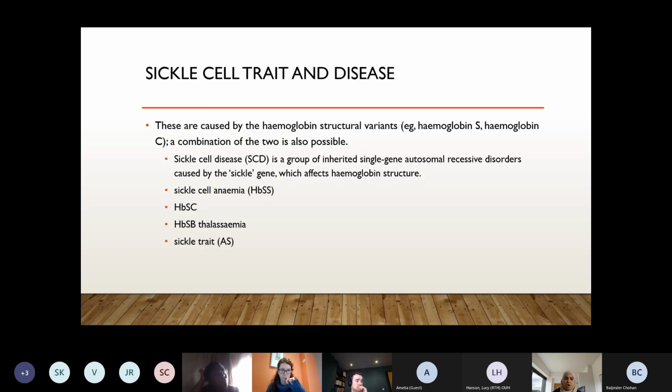The next common hemoglobinopathy is sickle cell trait or disease. Disease is rare, and we rarely see pregnant women with it. Has anybody had any experience or been involved? Want to share?